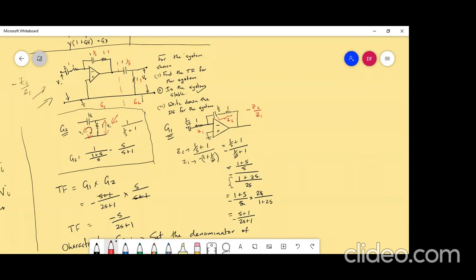Sir, for G1, you have the answer as S plus 1 all over 2S plus 1. It should be 2S plus 1 all over 2S plus 1, which is negative 1. Because up top you have 1 plus S over S times 2S over 1 plus 2S, and the S's cancel.